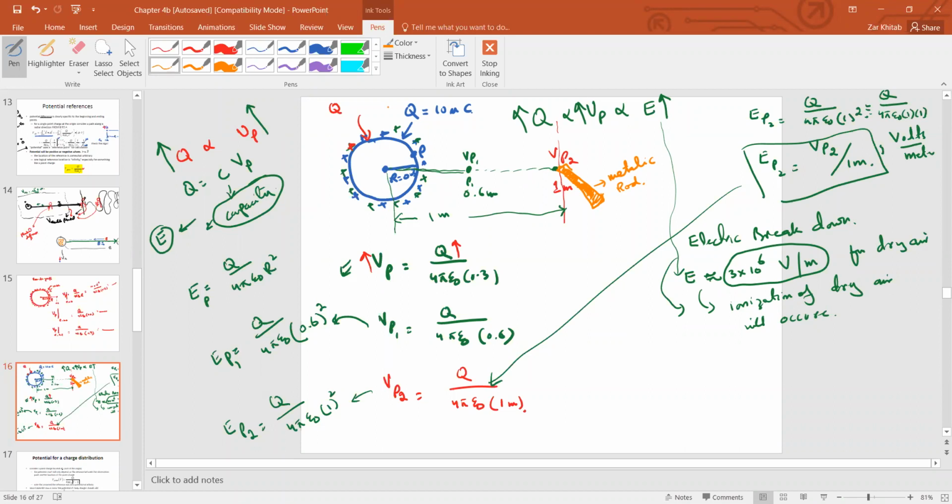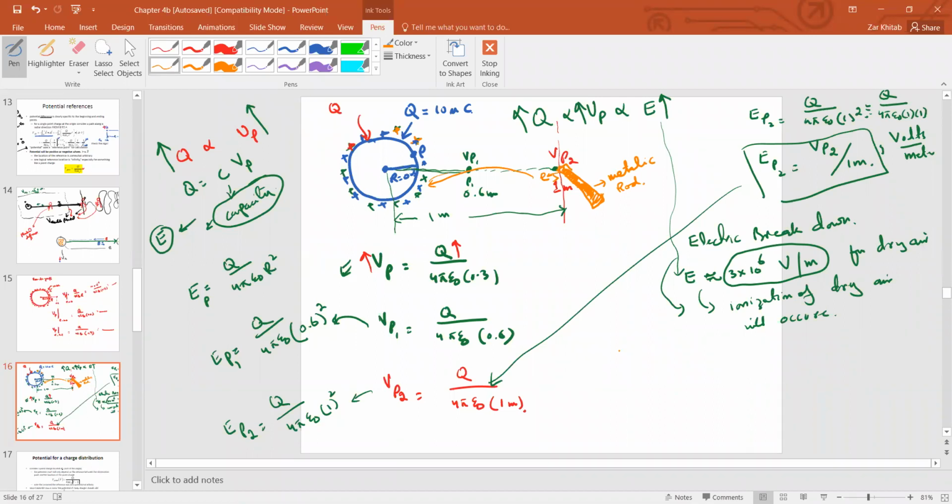So if you have enough charge on this positive thing so that the electric field raises to 3 into 10 to the power 6 volts per meter, then the charge will escape from here to this structure. When this charge escapes from the Van de Graaff and moves towards this metallic rod, this is called electric breakdown. Or it is possible that an electron from this Van de Graaff jumps over here, thereby reducing the charge of the Van de Graaff. That's again the electric breakdown, remember?